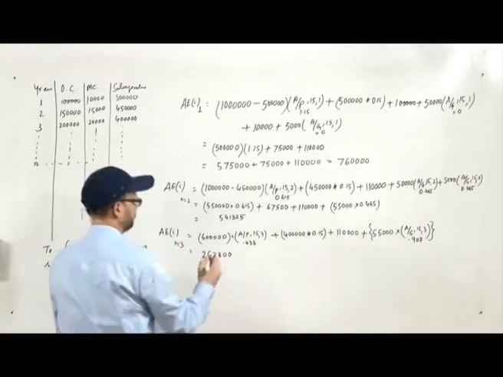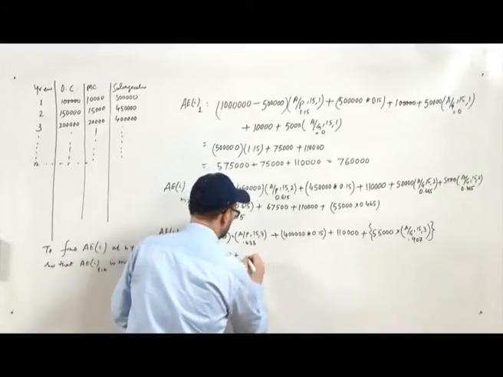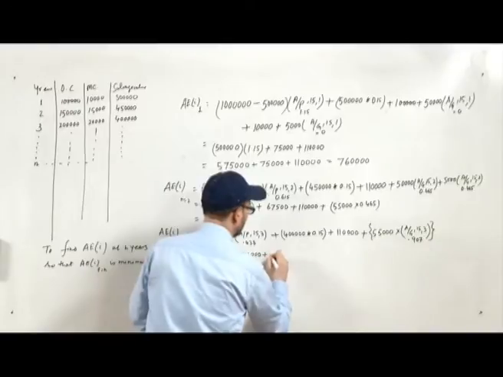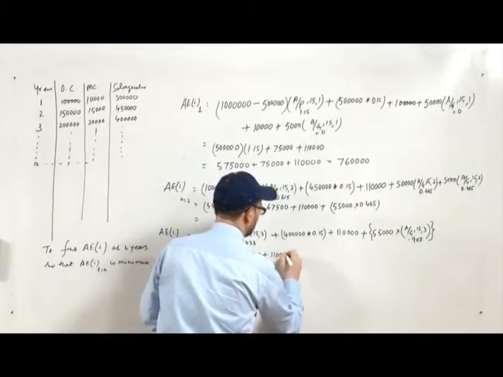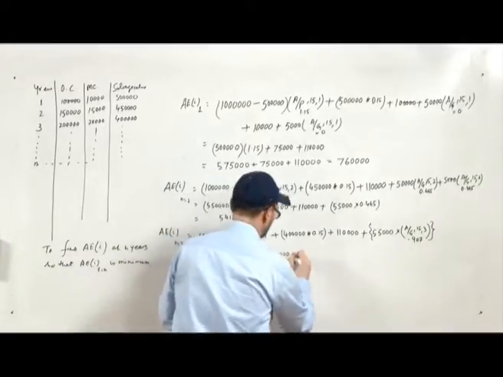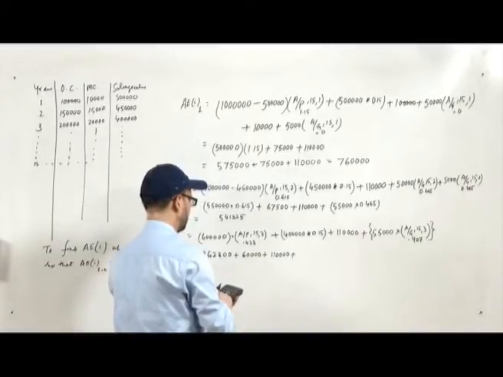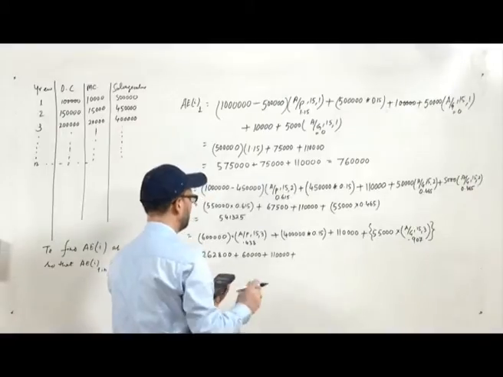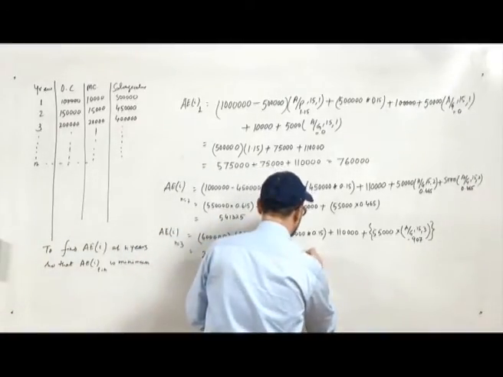262,800 plus 60,000 plus 110,000 plus 49,885.